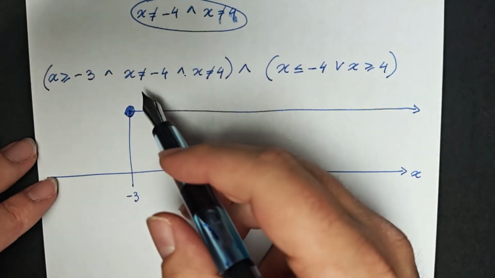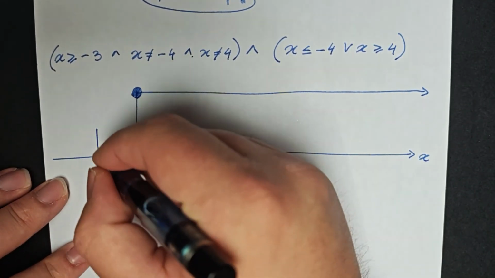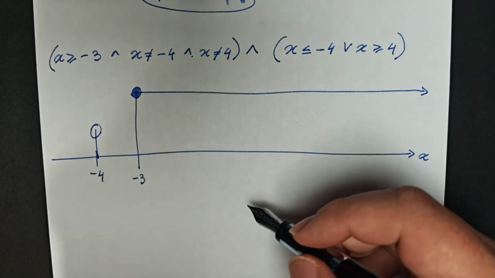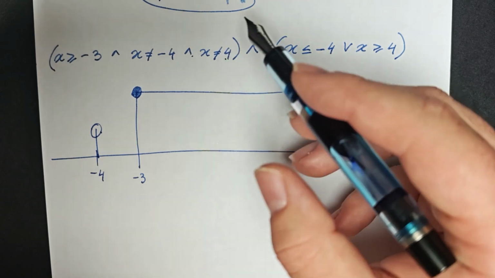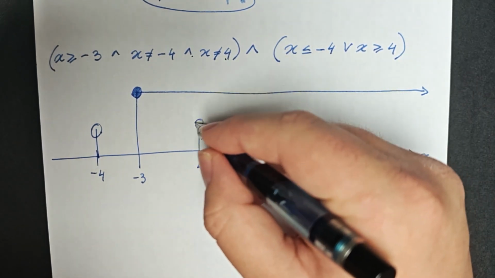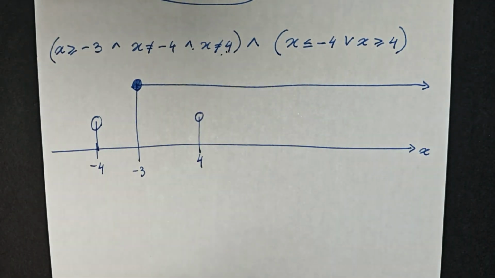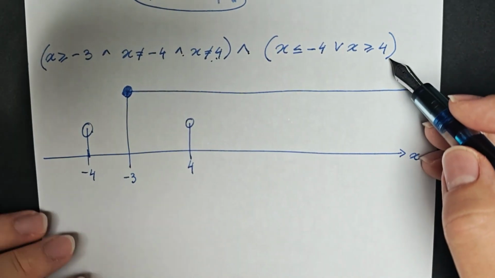We have the next condition that x is different than the number -4. So we are going to represent this with an empty circle at number -4. The next condition is that x has to be different from 4. Again, this is number 4, and we are going to represent that with an empty circle at number 4. We have conjunction again, and we have this bracket here.